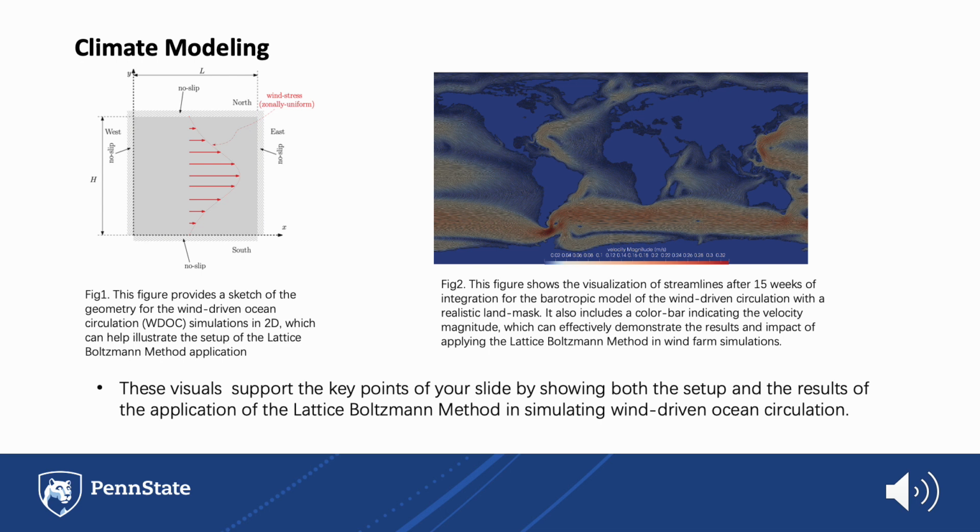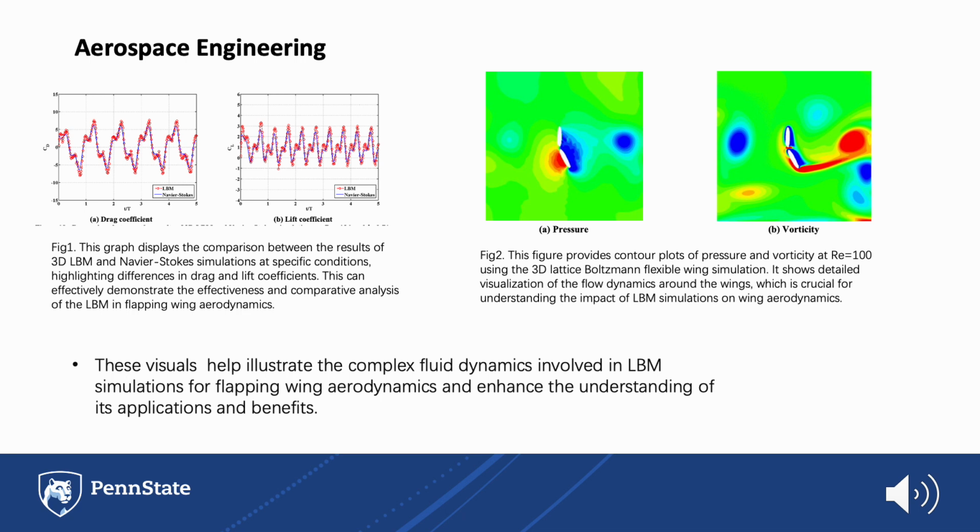Now moving on to the last application, aerospace engineering. In aerospace engineering, the lattice Boltzmann method extends beyond traditional aerodynamics to simulate alternative fuel behaviors within aerospace engines. This research is crucial for designing engines that are not only more efficient but also environmentally friendly. LBM also prepares us for the final frontier, space.